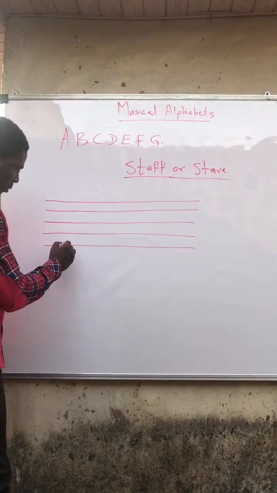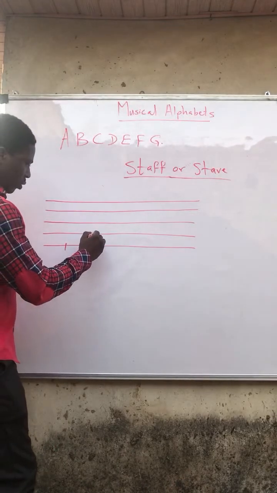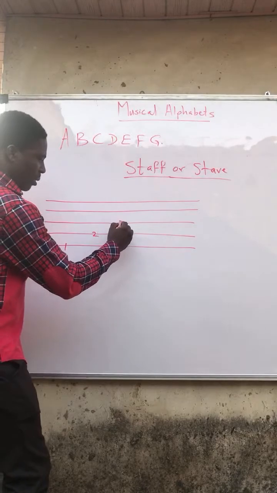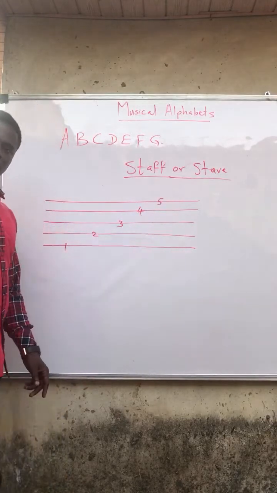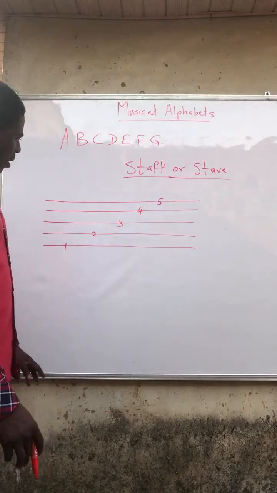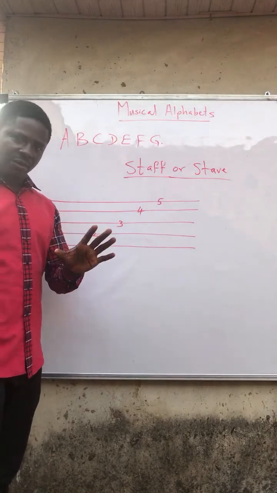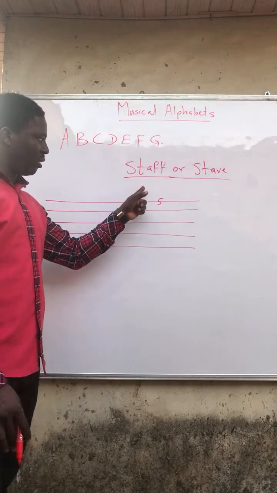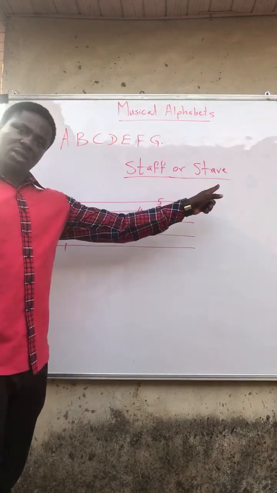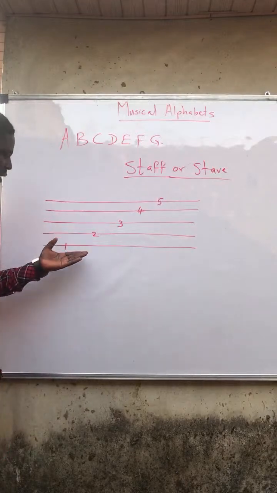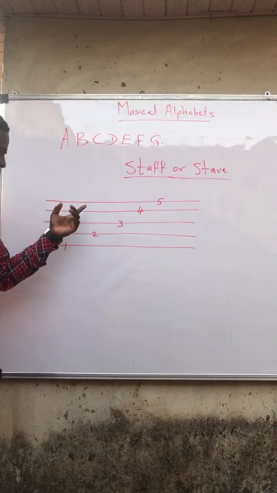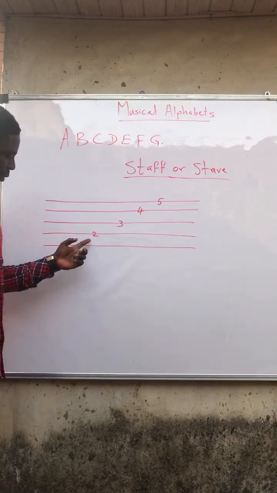This is line 1. This is line number 2. This is line number 3. Line number 4 and line number 5. We have five lines and four spaces in music, and we call it staff or stave. The lines are counted from the bottom to the top, and so are the spaces.